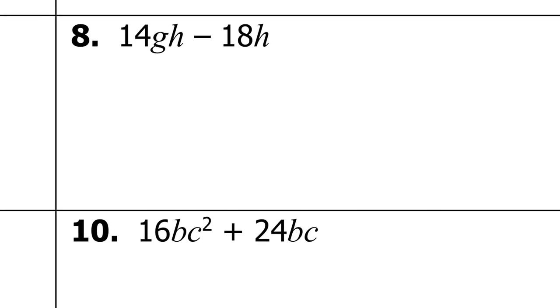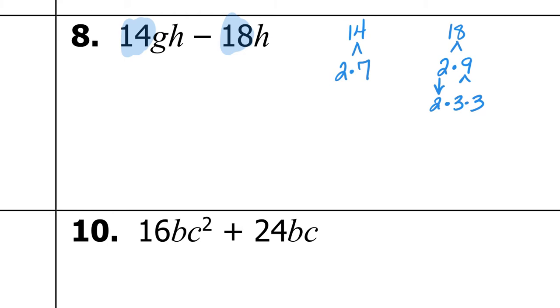Number 8 is exactly the same. So I look at my coefficients, 14 and 18, and I look to see what they have in common. I can break the 14 down into 2 times 7. Both of those numbers are prime. They're done. 18 can be broken down into 2 times 9. 9 can be broken down into 3 times 3.